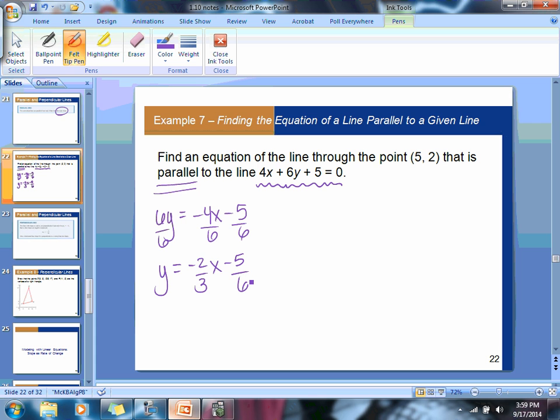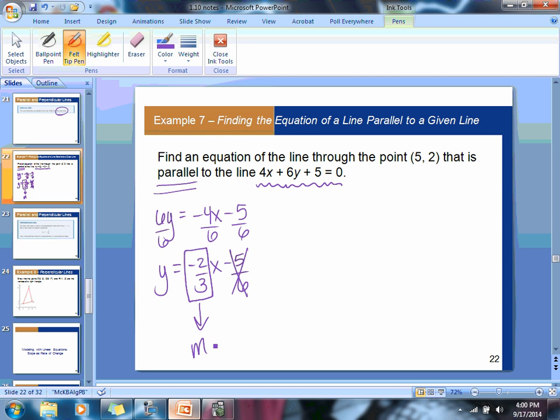Now, I don't really care about the 5/6. It doesn't bother me at all. What I'm focused on is the negative 2/3 right there. That is my slope. That's the slope that I need. And I want to use that exact same slope in my new equation for my new line because I want them to be parallel to each other, and parallel lines have the same slope.